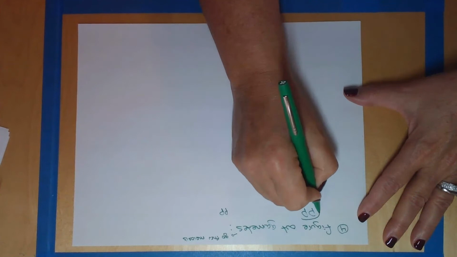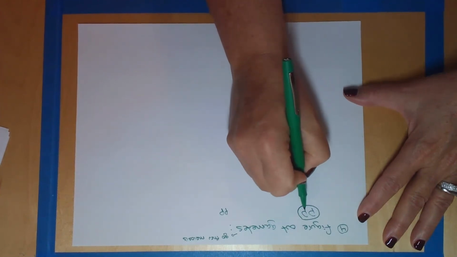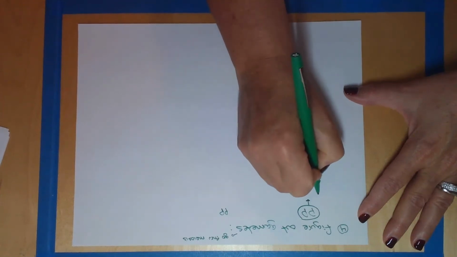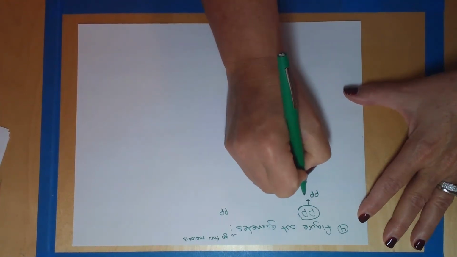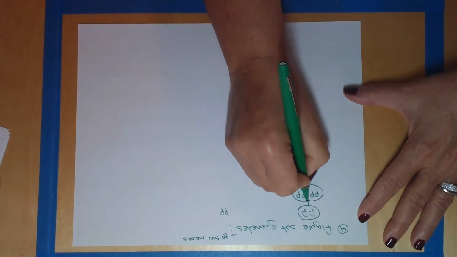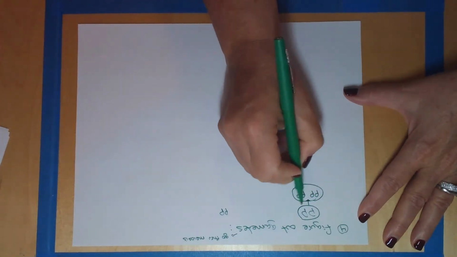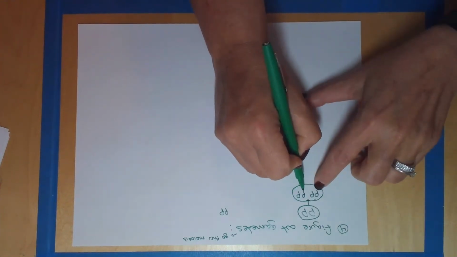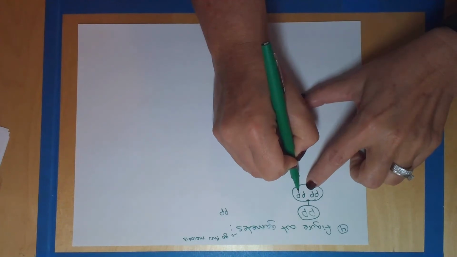All right, so this is my pair of homologous chromosomes. Now, you know that during the S phase of interphase, our chromosomes duplicate and the original pairs up with its copy. So here's my original pair, and here are their copies.